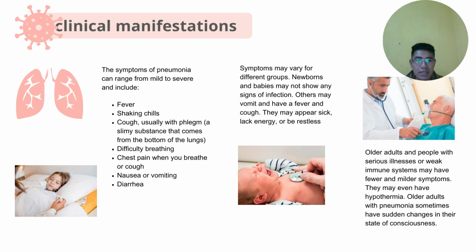Older adults and people with serious illness or weakened immune systems might have a lower fever and milder symptoms. They may even have hypothermia. Older adults with pneumonia sometimes have a sudden change in their mental status.